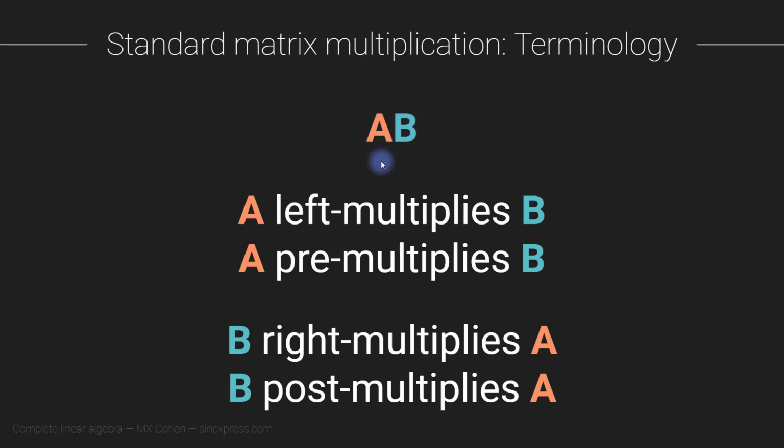That seems really weird coming from normal arithmetic because 2 times 4 is the same thing as 4 times 2. But with matrices, it doesn't quite work like that.